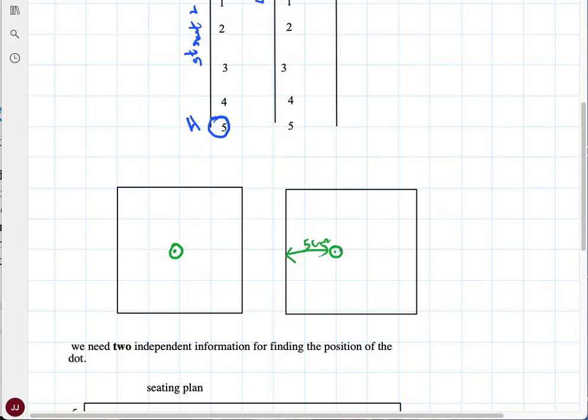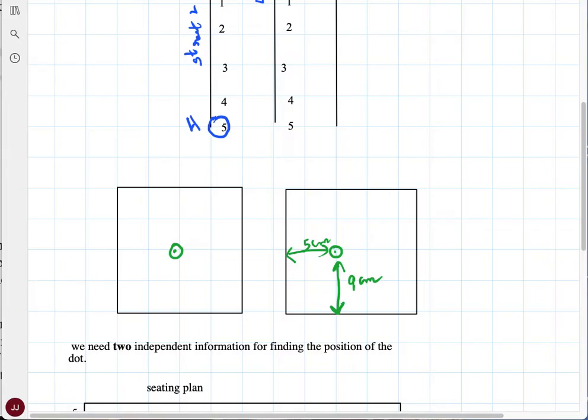It helps, it gives some idea, but does not fix the position of the dot. So we need one more piece of information. So we have to see how much it is from here. Let's say this is 9 centimeter from the bottom line. So now this will give the exact position of the dot.